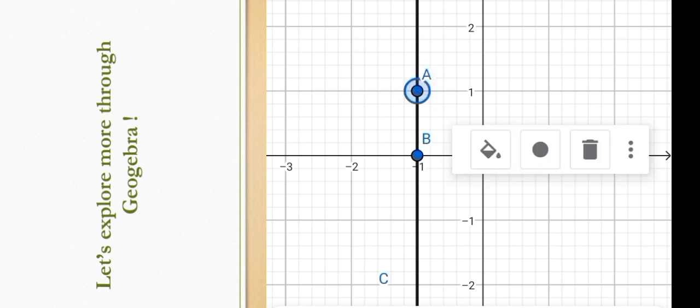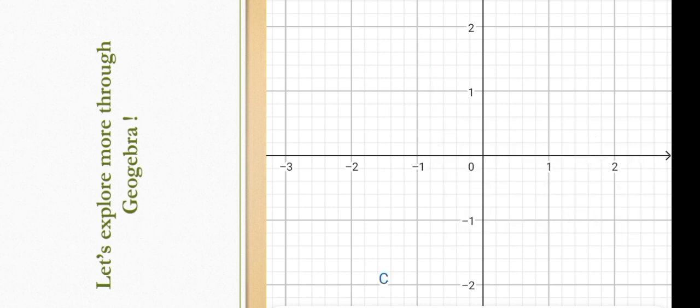I will create another example. Suppose we have 2 points, A and point B, and then we'll create a line that will connect A and B. So that would be our fourth example.